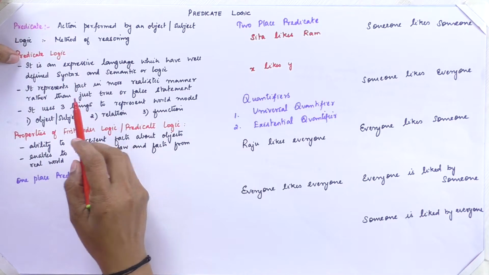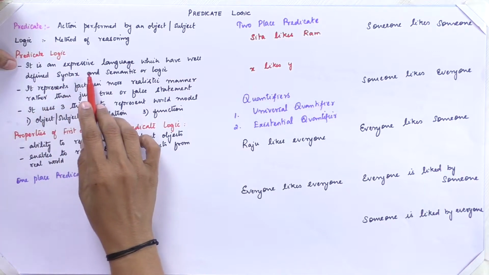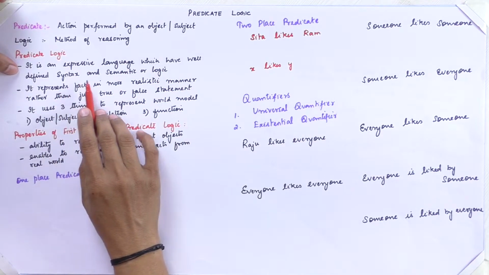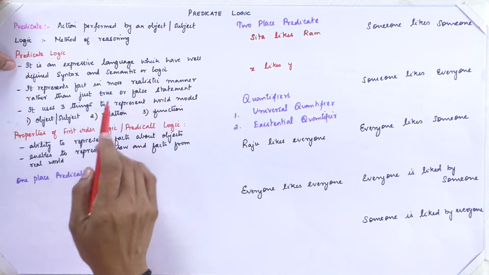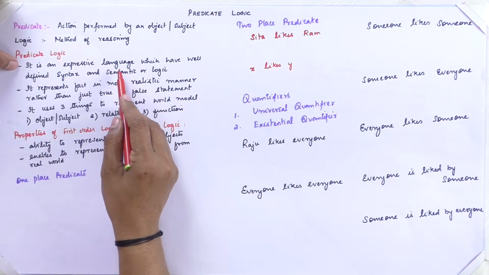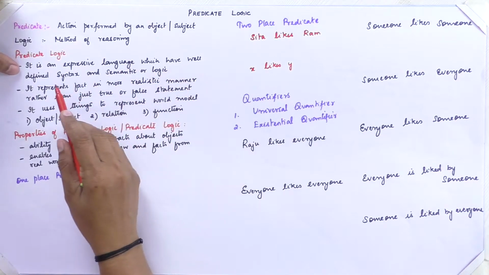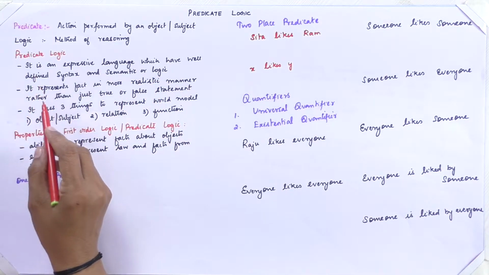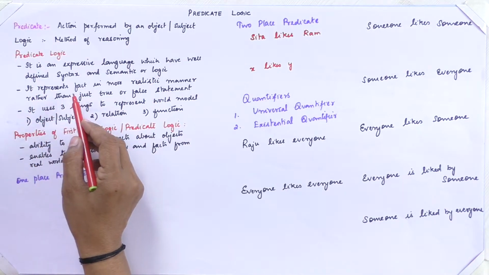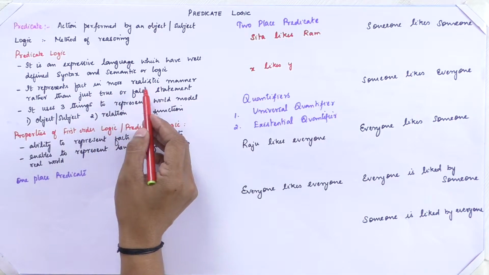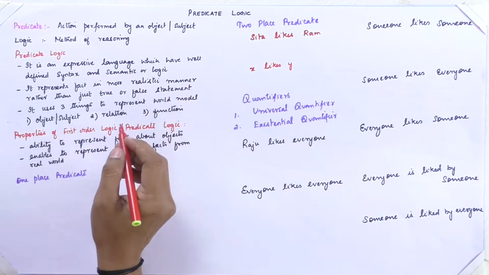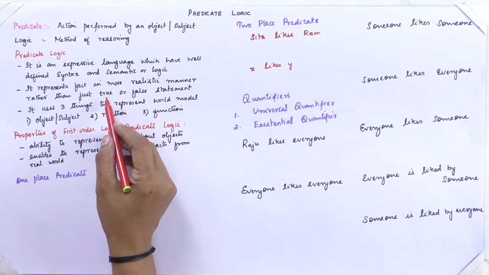So now let us see predicate logic. Predicate logic is an expressive language which has well-defined syntax and logic, right? And the next point is that it represents facts in a more realistic manner rather than just true or false statements.